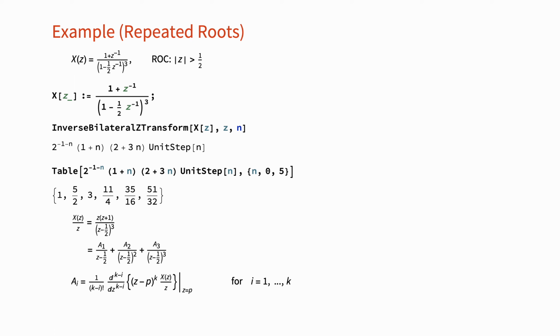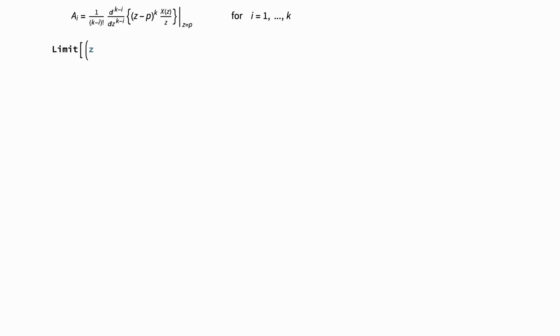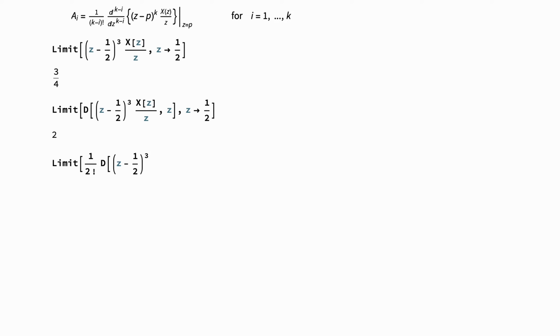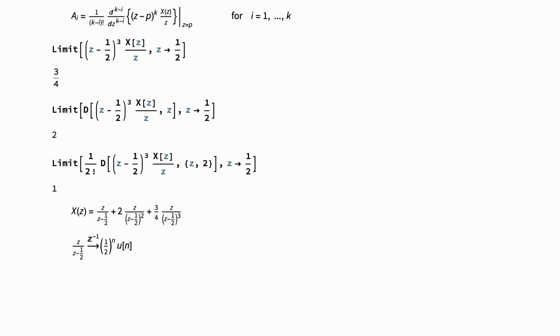Using the general formula for coefficients a_i of the kth order pole, we find the values for A3, A2, and A1. Using these coefficients, we can put together the decomposition of the Z-transform X(z), and each term in the decomposition has a known inverse Z-transform.